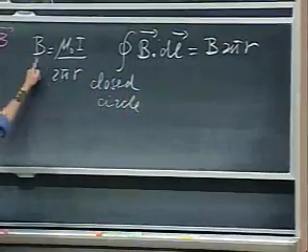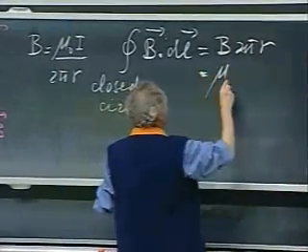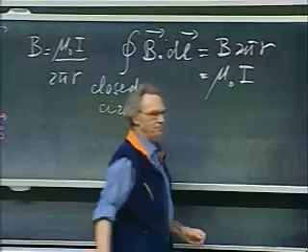But B times 2 pi r equals also mu0 times I.